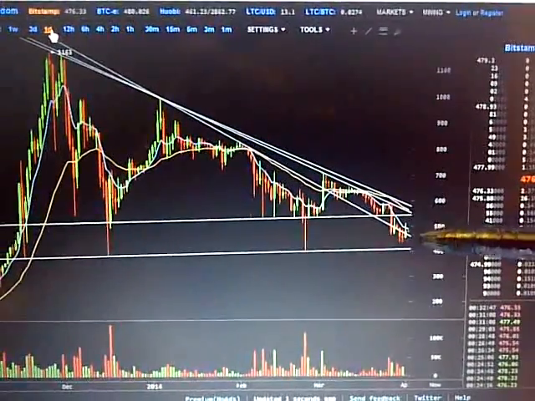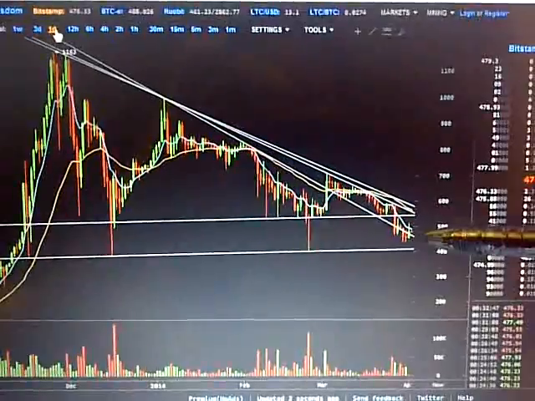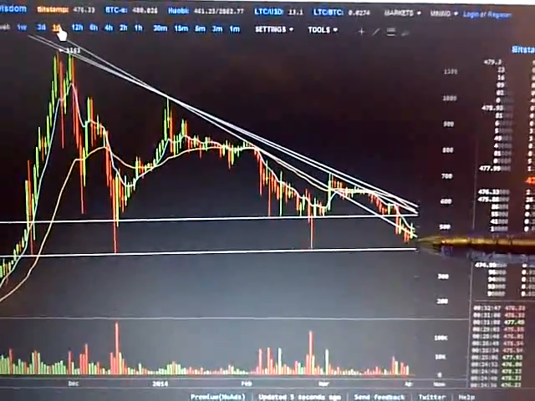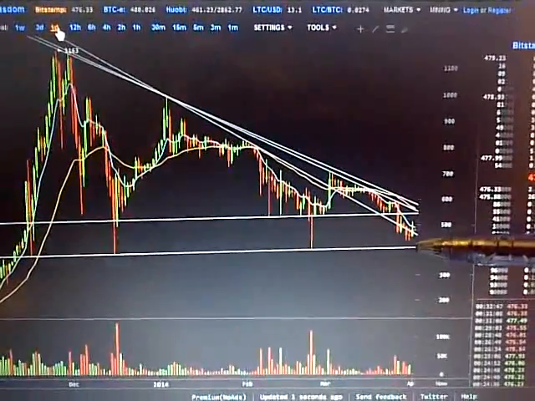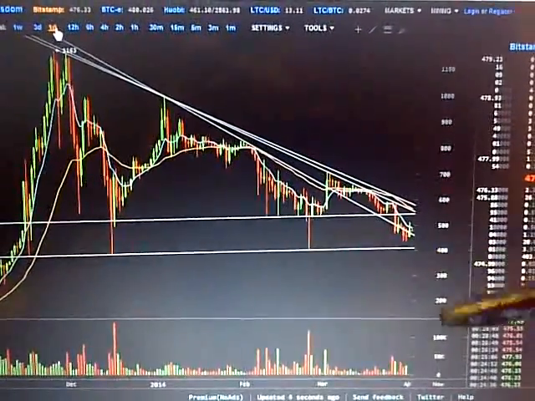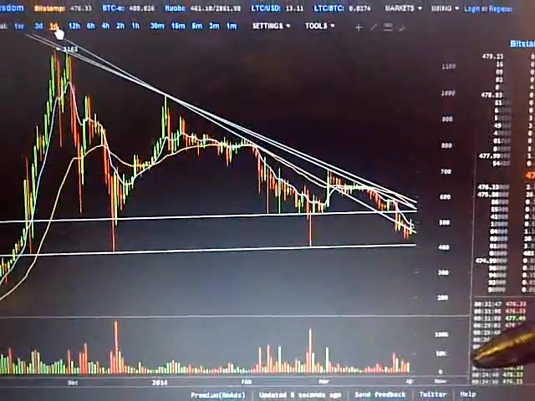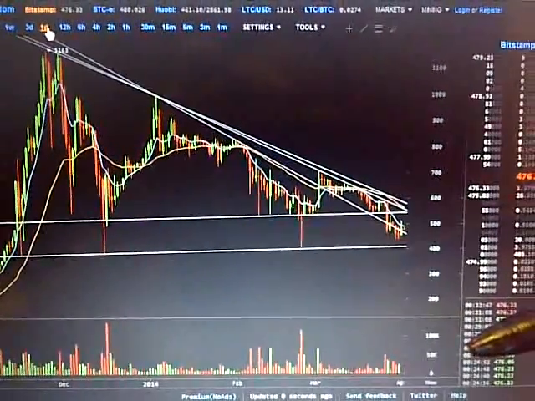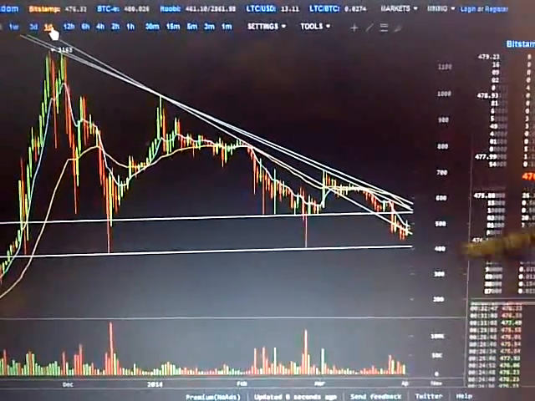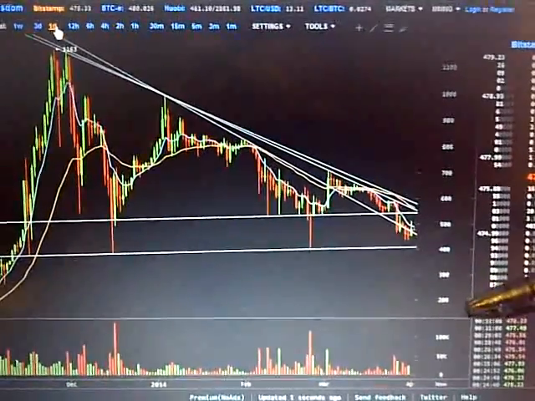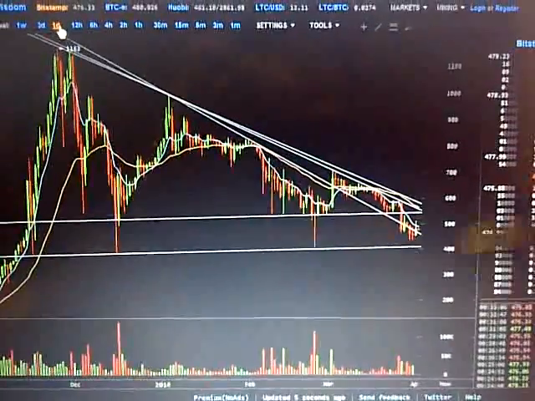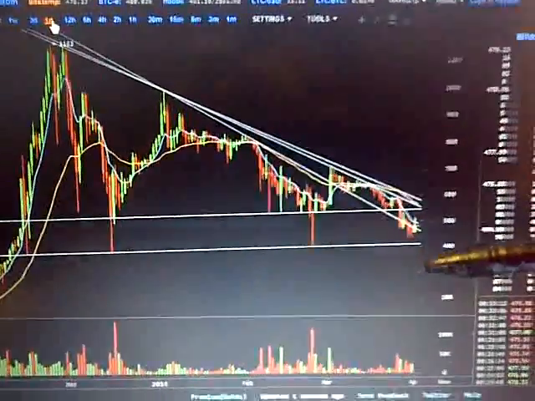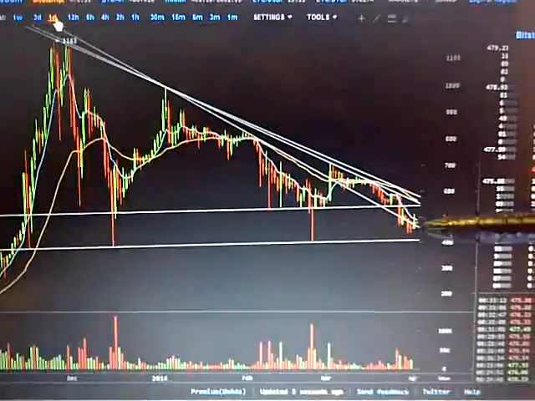Some people invest $100 at a time. Some people invest 1,000. Some people invest 10,000. That's their investment risk tolerance, I guess. How much can they tolerate risk in their personal cash flow? So it all depends on the individual.